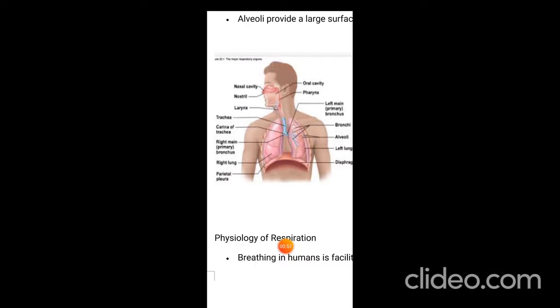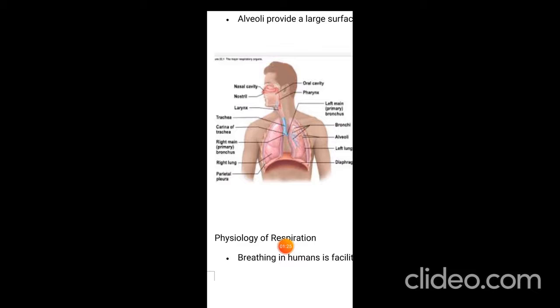The respiratory system in humans begins just from the larynx, because just above the larynx is the pharynx, a common passage for both food and air. Whenever we are eating food, sometimes the food can enter into the lungs.